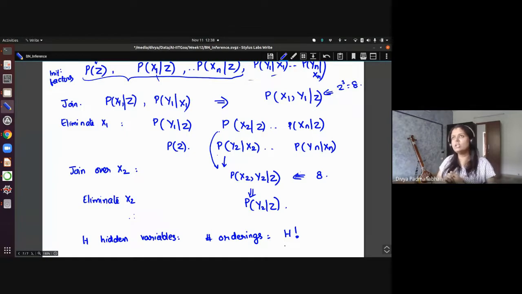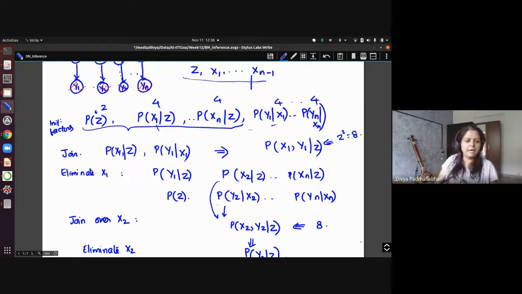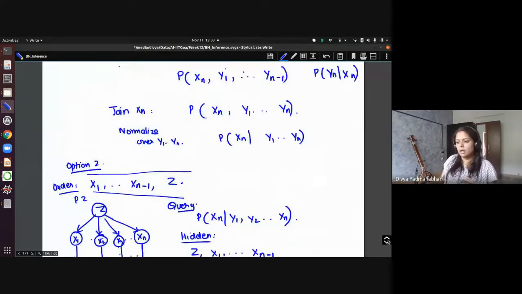Now, if you have a large number of hidden variables, h factorial is also a big number. If you have 100 hidden variables, 100 factorial may not be possible to go through each of them to find the best. So typically you use some kind of heuristics. Beforehand, you start off with this query and all these hidden variables.